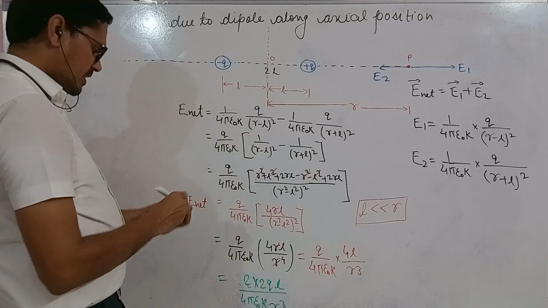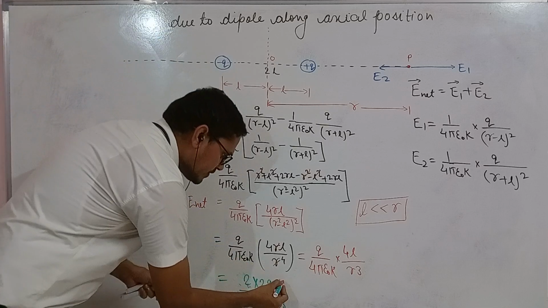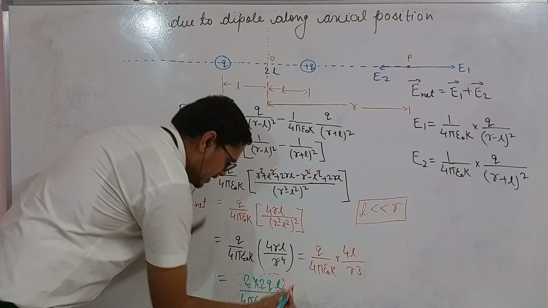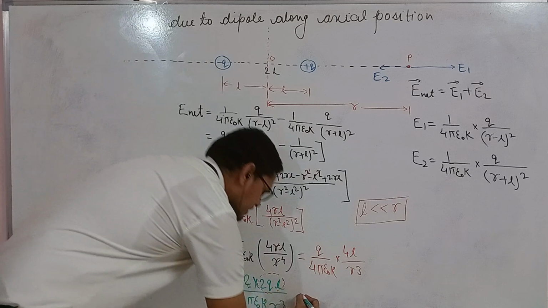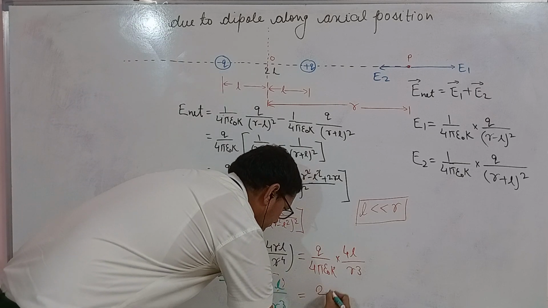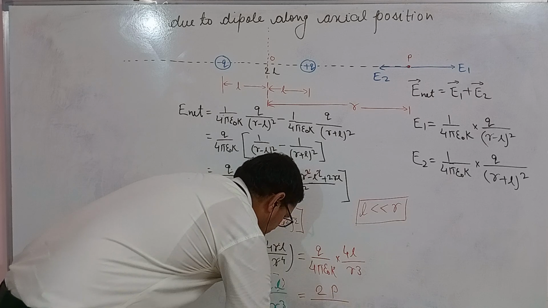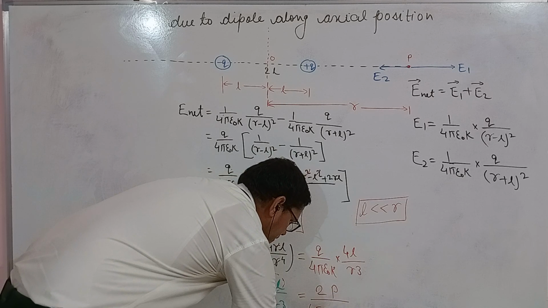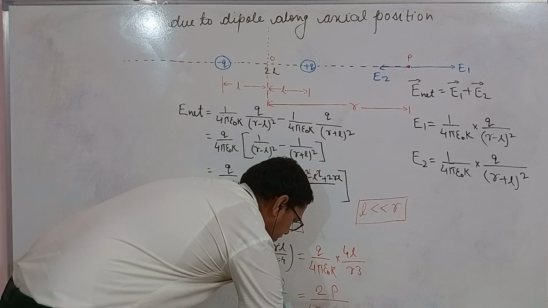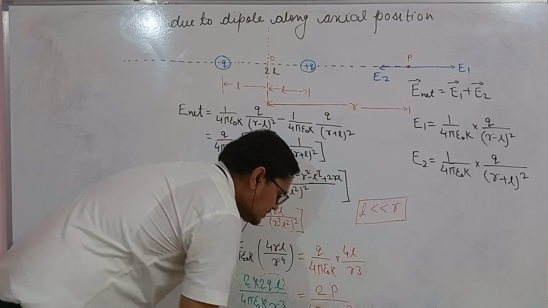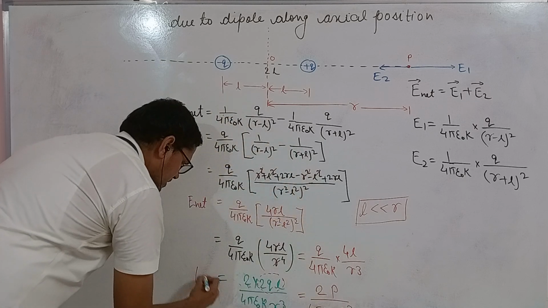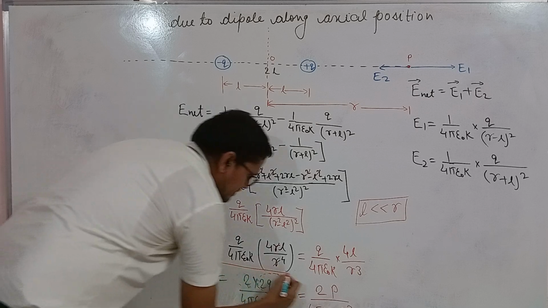Fine. That this 2ql is equal to the dipole moment. So finally the expression is equal to 2 into p divided by 4 pi epsilon naught k r cubed. This is the value we are getting. Net electric field is this much.